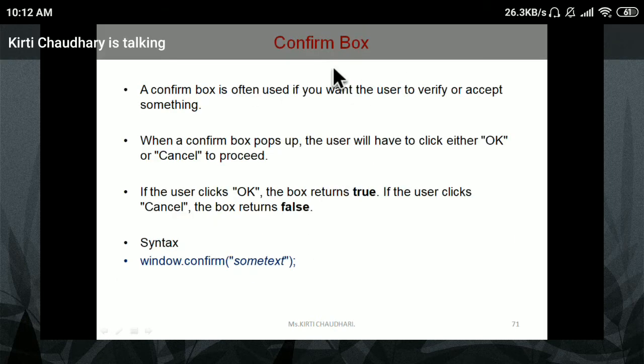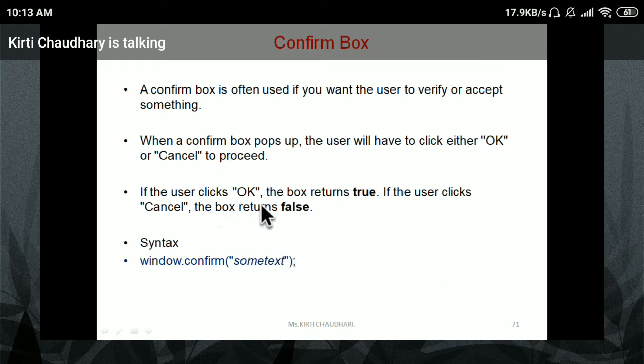Next one is the confirm box. The confirm box is often used if you want the user to verify or accept something. When the pop-up box comes, the user will have to click either OK or Cancel to proceed.